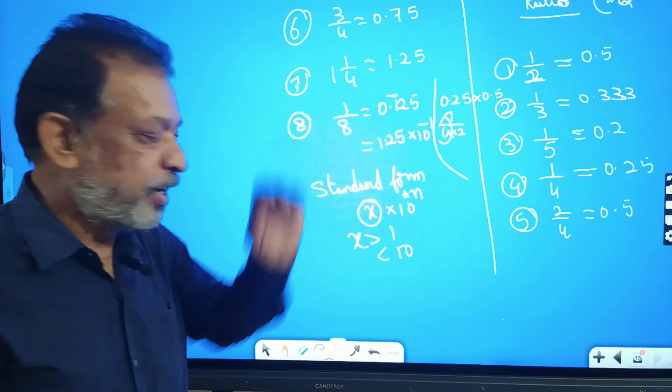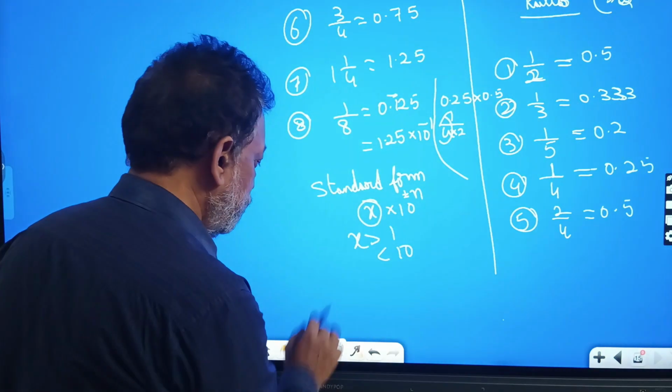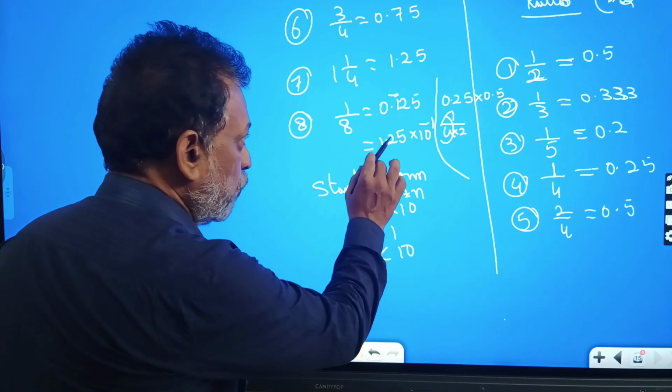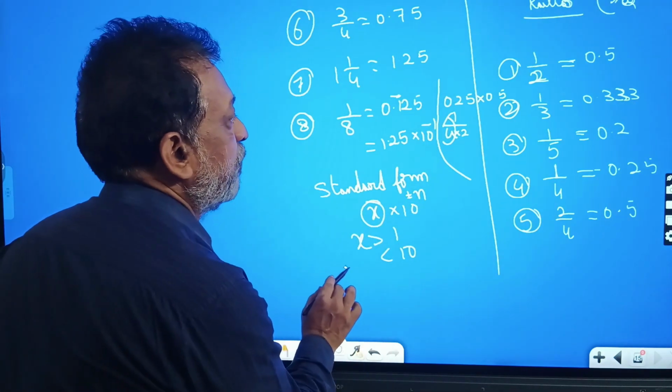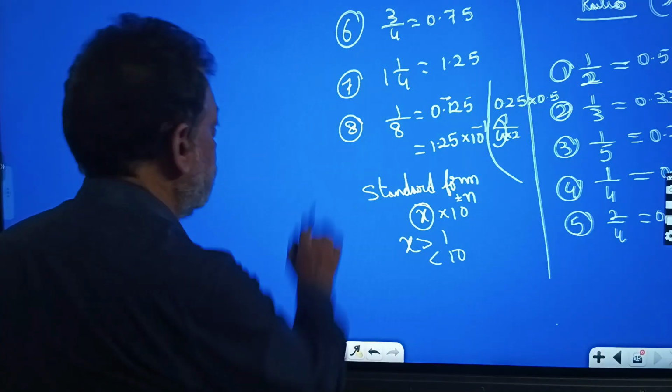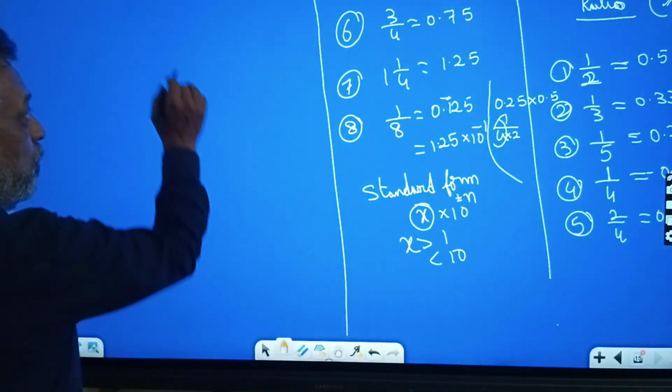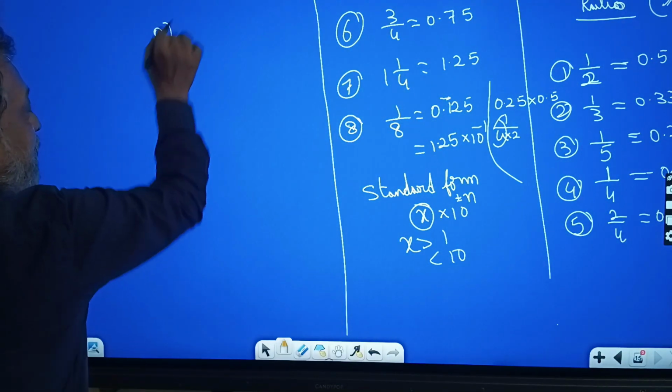But generally you have to write standard form. Very good. Once more, we get 12.5 into 10 to the power of minus 2, which is not standard form; the standard form is 1.25 into 10 to the power of minus 1. Okay sir. Next, 1 by 16.